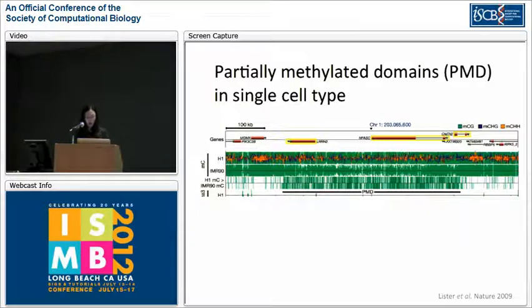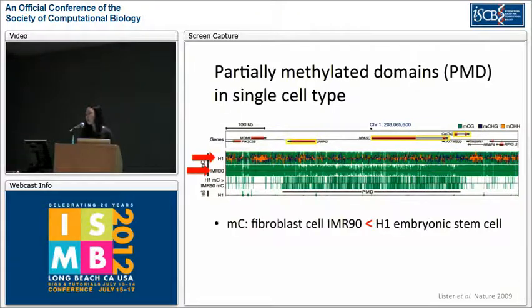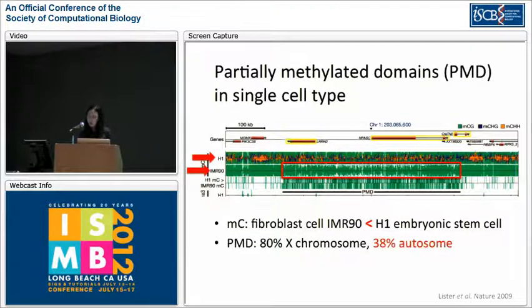When you look at the features of the methylome from a single cell type, there are also certain observations that back this explanation. For instance, when they compared the methylome of the human embryonic stem cell H1 with the fibroblast cell IMR90, IMR90 overall is less methylated than H1. In particular, there are certain regions in IMR90 that are partially methylated.